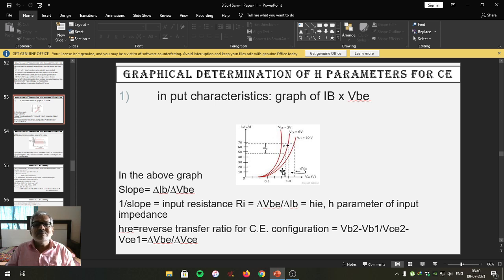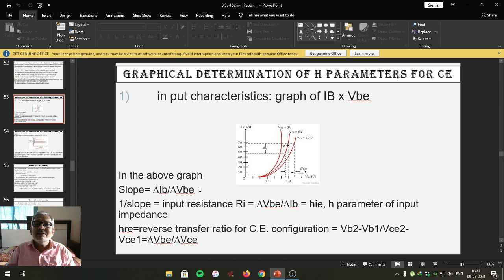Slope gives the value of delta IB upon delta VBE. Here is delta IB, and here is delta VBE. Slope equals delta IB upon delta VBE.